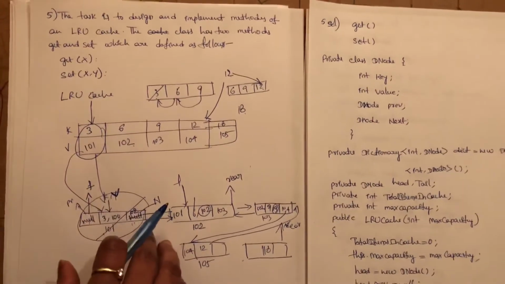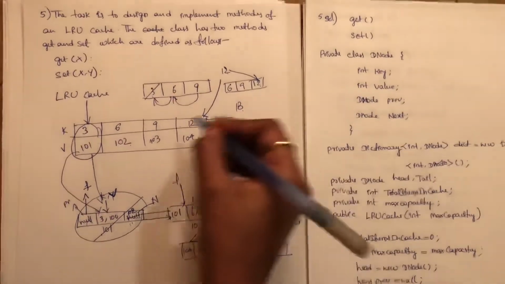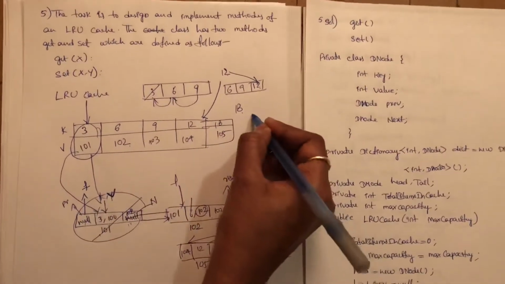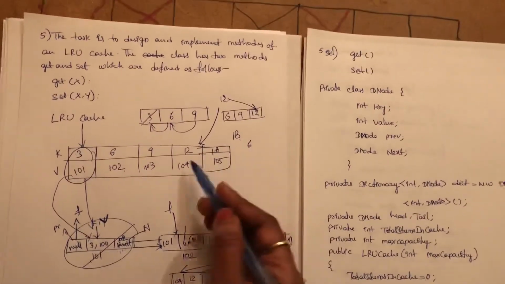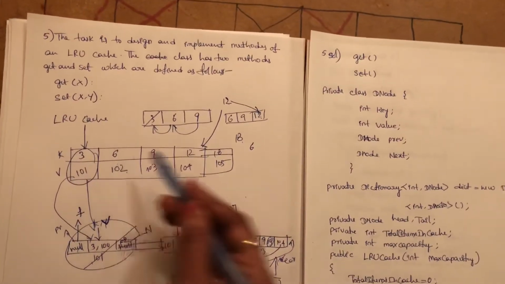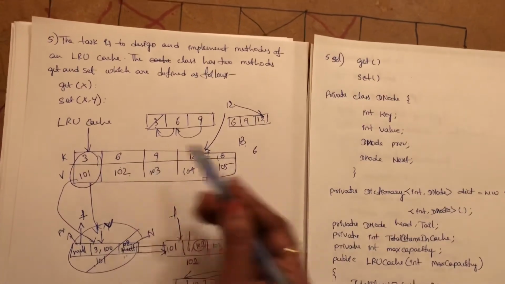In the get method, let's see, if we want to insert the 6 key value again, then it's already there. What do we do? We check the hash map.